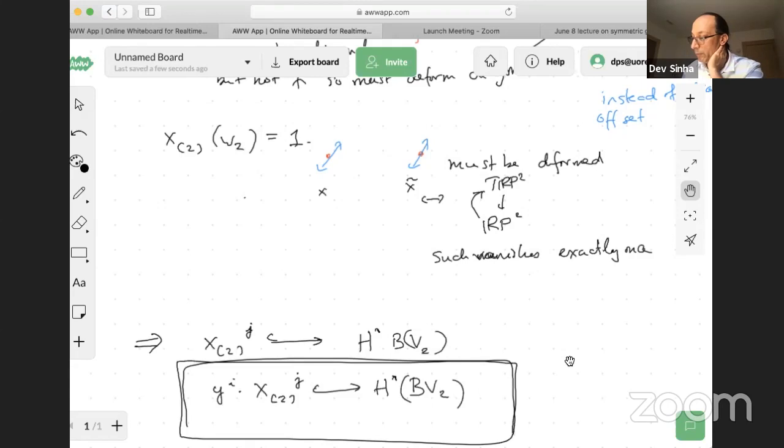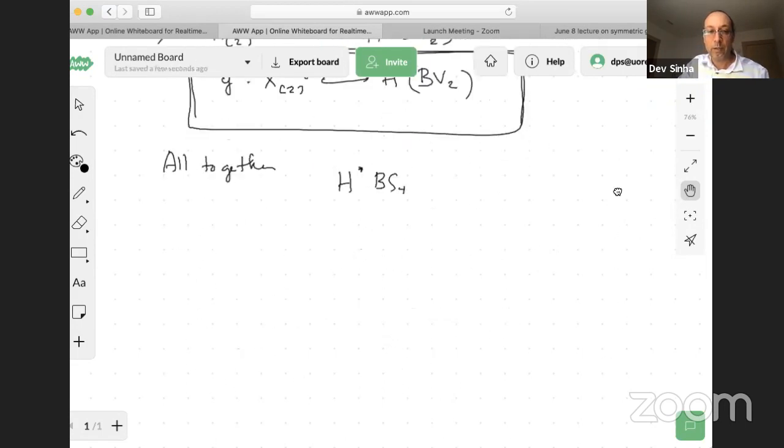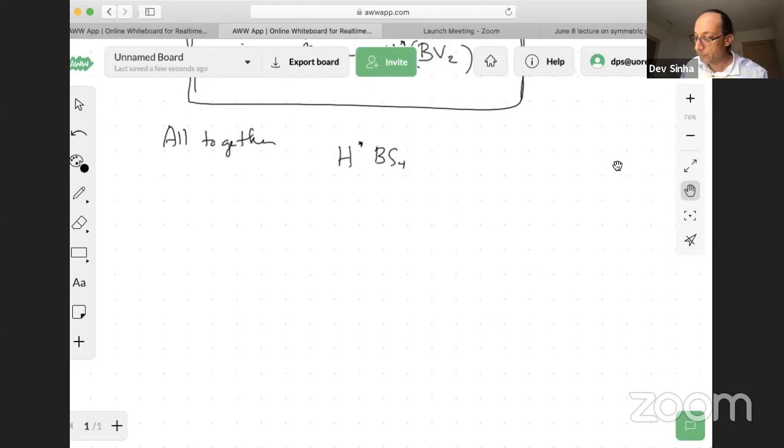Ultimately, let me then summarize. So all together, let's do it this way. The cohomology of BS4 restricts to both the cohomology of BV2 and the cohomology of BV1 cross V1.